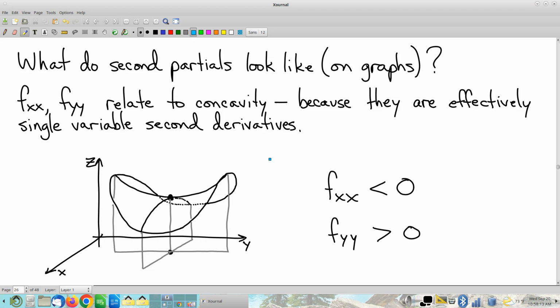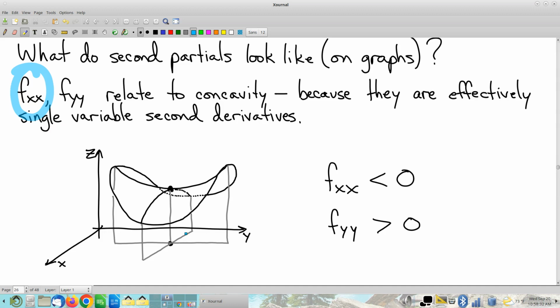Well, let's think about f_xx, for example. f_xx says, first I'm going to take the x partial, and then having done that, I'm going to take another x partial. If you're taking an x partial, that means you're going in the x direction, which means you're treating y as a constant, which means you're looking at this cross-section.